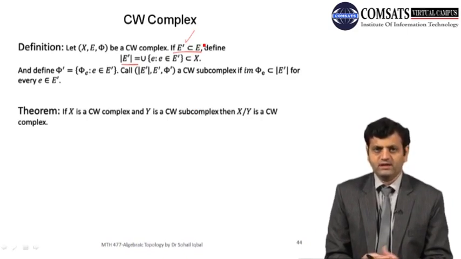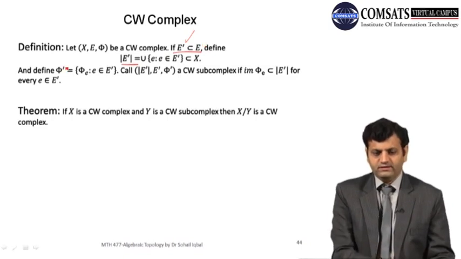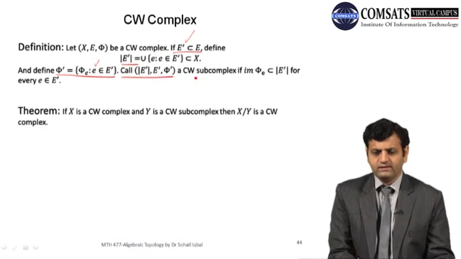It's going to be a topological space contained in X, because X is covered by E. And define phi prime to be the collection of all maps such that e belongs to E prime. Now we call this a CW subcomplex, where the topological space is the underlying space, the union of the cells, E prime is a subset of E, and phi prime consists of those maps which are associated to the cells inside E prime.